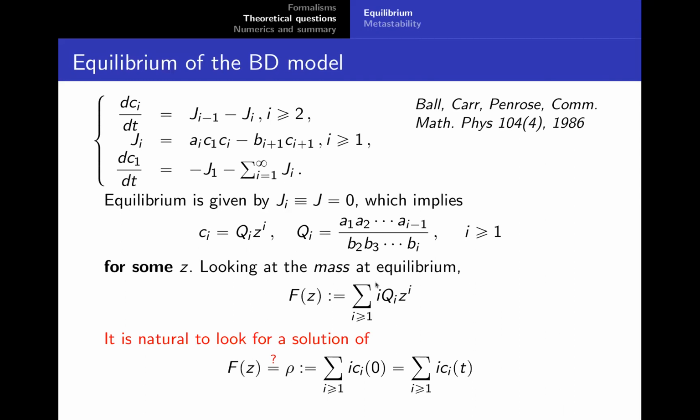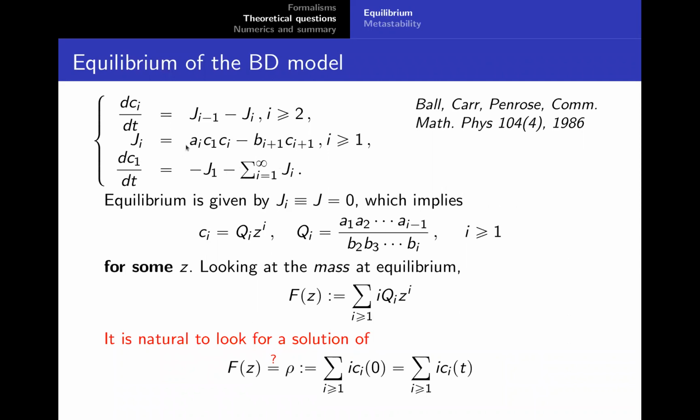So I start with what is known in the literature since 1986 and this seminal paper from Ball, Carr and Penrose on the deterministic version of the model. Once again, it's an infinite dimensional model. Well-posedness theory has been developed by these authors. Essentially, what you need to ensure is that mass conservation makes sense, so that C1 and the sum of i C_i make sense for all times.